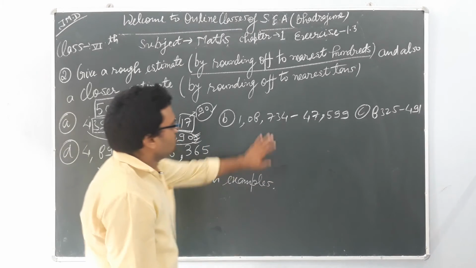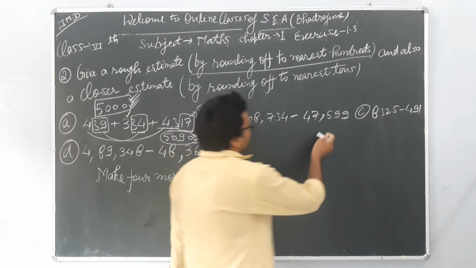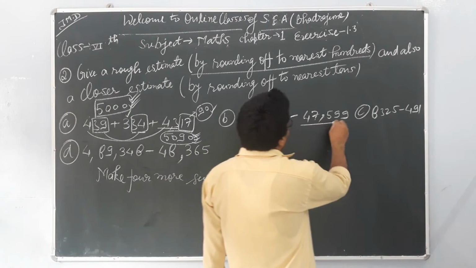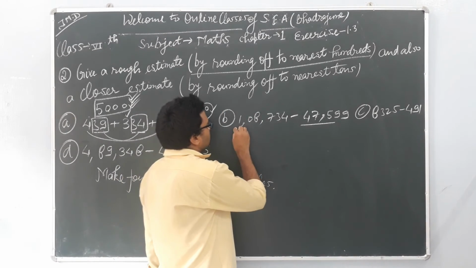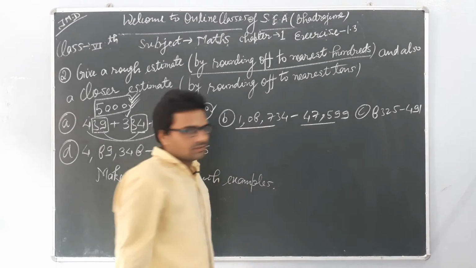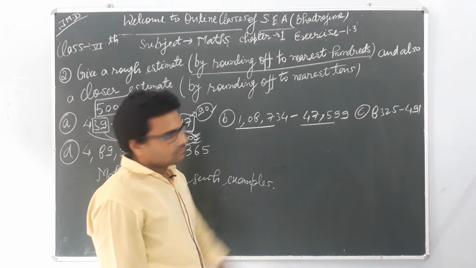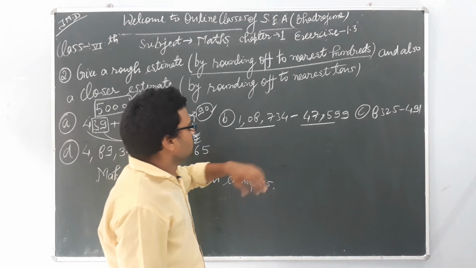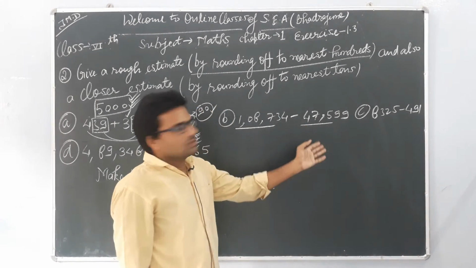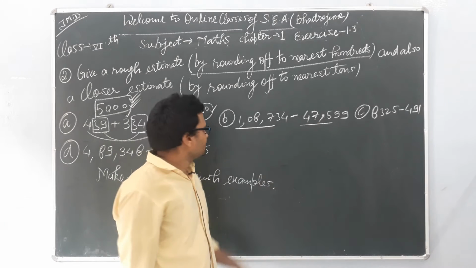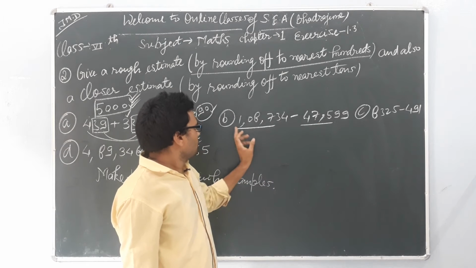Look at this. This is our 47,500 and this is our 1,08,007. When we subtract them, actually this is 475 and this is 1087, counting ones, tens, hundreds, thousands.